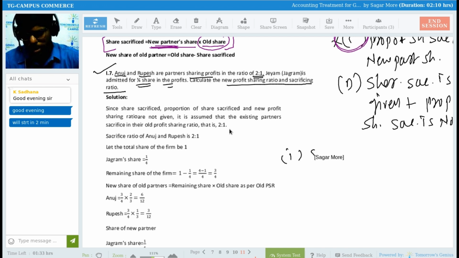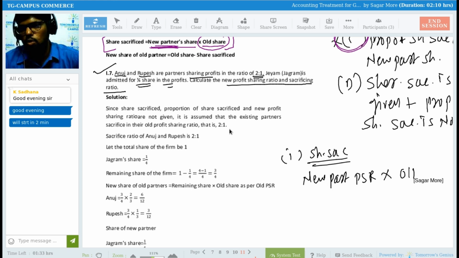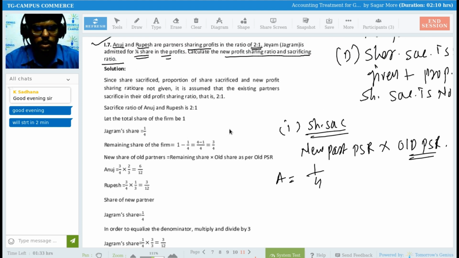First, we have to calculate share sacrifice. Share sacrifice will be the new partner's profit sharing ratio multiplied by the old PSR, simple, right? I am calculating for Anju first, and then I can calculate for Rupesh.